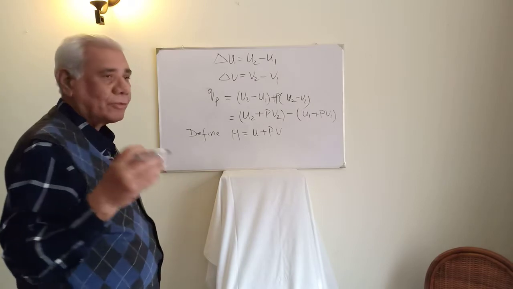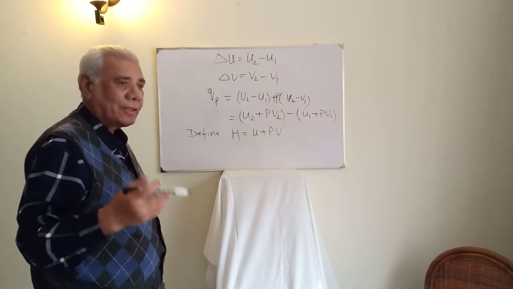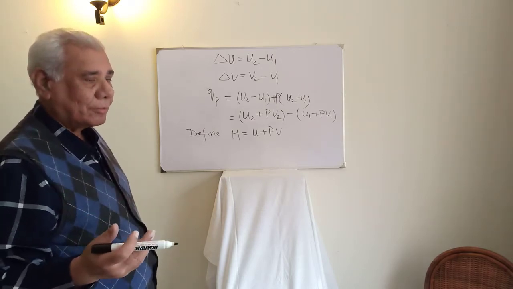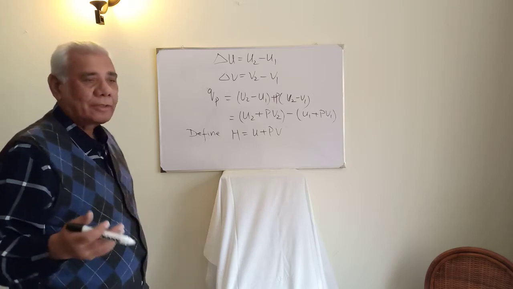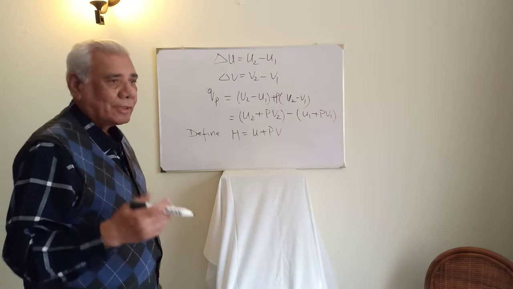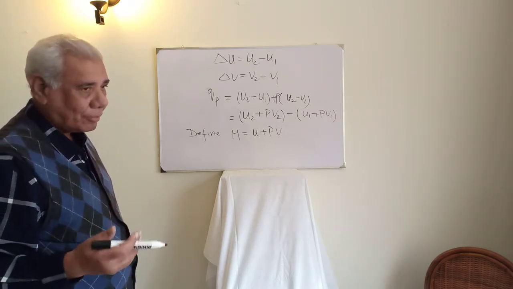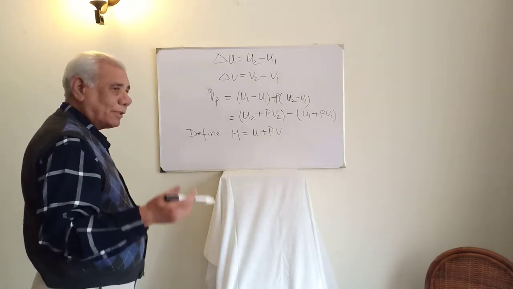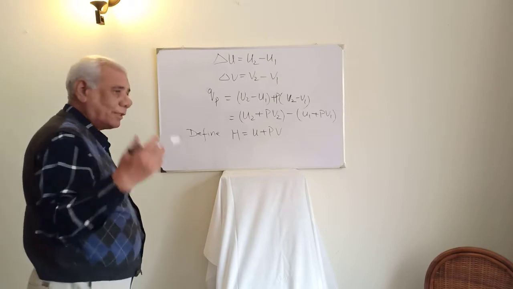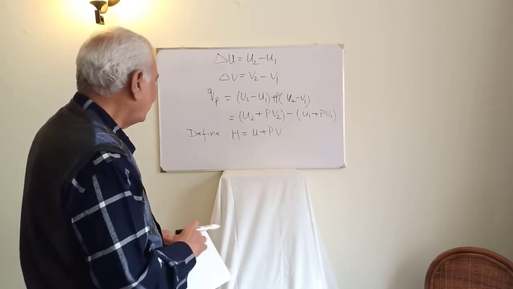Now H is also a function of state, independent of the path by which the process has been carried out, just like the internal energy U, which is a function of state and independent of the path. The change in internal energy is independent of the path. Similarly, delta H, the change in enthalpy, is independent of the path.